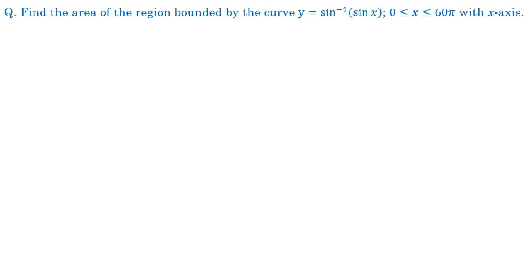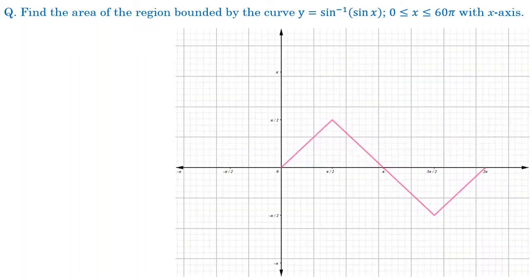So find the area bounded by the curve with the x-axis, where x belongs to from 0 up to 60 pi. This is our question. So draw the graph for the first branch. I am taking the graph from 0 up to 2 pi, then finding the area of one triangle, then we can find the area of all triangles up to 60 pi.